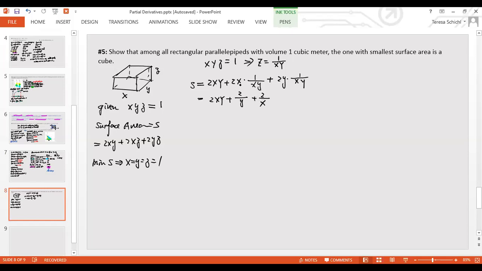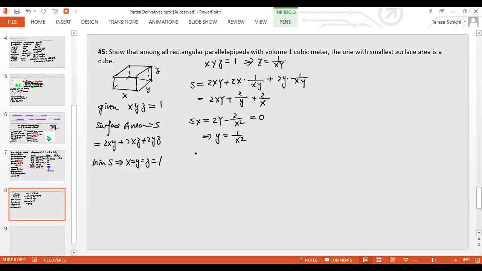Okay, now let me set the partial derivatives to find the critical points. The partial for x is 2y, this term disappears, minus 2 over x squared, right? I want this equal to 0, so that means y is equal to 1 over x squared.